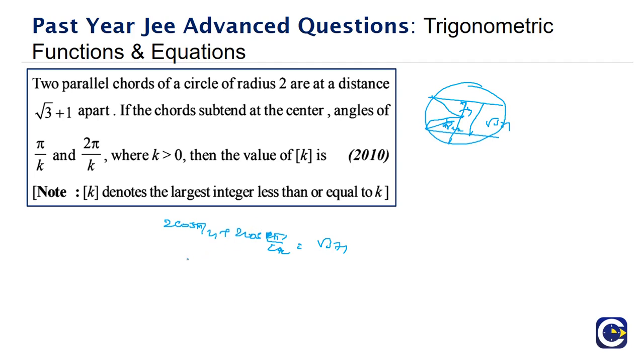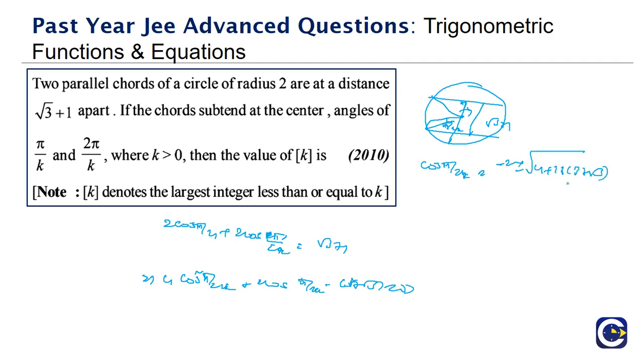From solving this, what will I get? 4 cos square pi by 2k plus 2 cos pi by 2k minus 3 plus √3 is equal to 0. So cos pi by 2k is equal to minus 2 plus or minus root of 4 plus 16 into 3 plus √3, divided by 8, which is minus 1 plus or minus root of 13 plus 4 √3, divided by 4. This can be further simplified as minus 1 plus or minus 2 √3 plus 1, divided by 4.